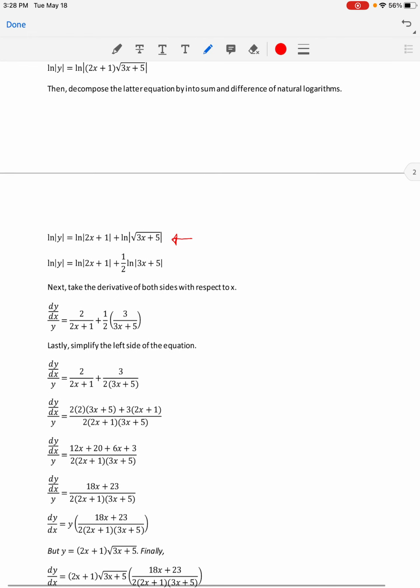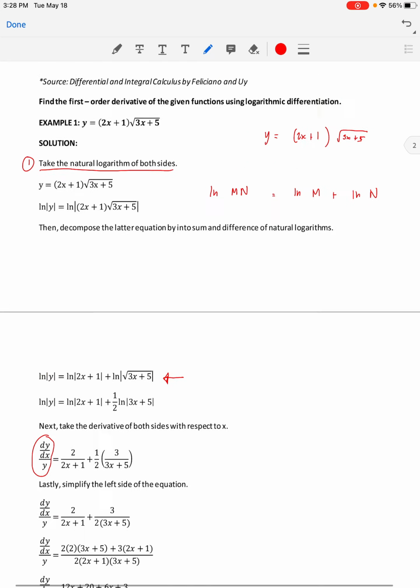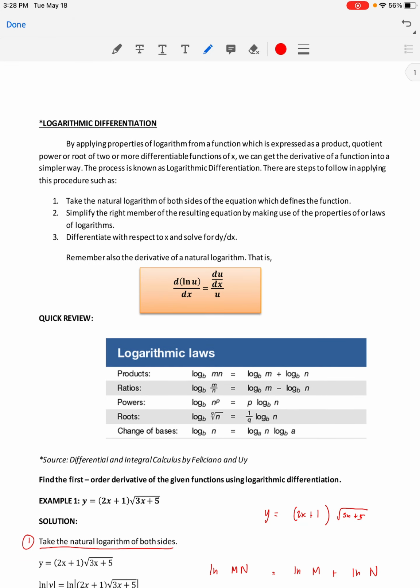Then we take the derivative of both sides with respect to x. This is important, class, for now, because the derivative of the natural logarithm is in this form.